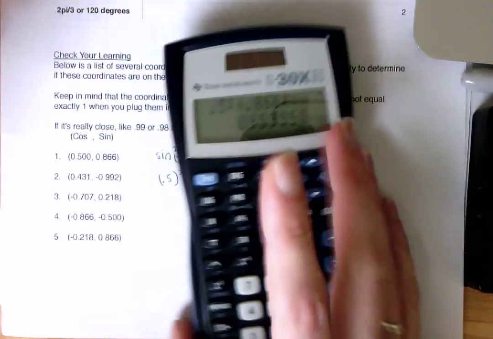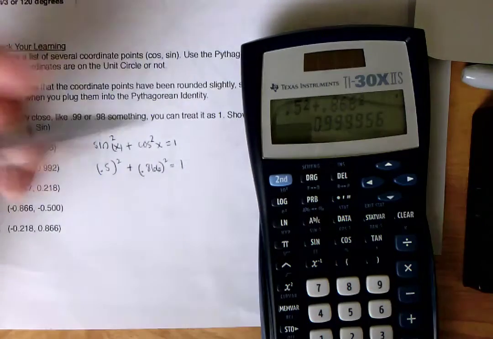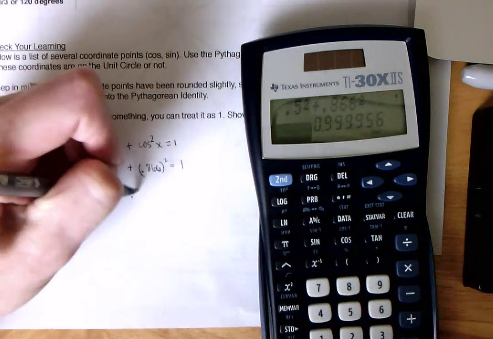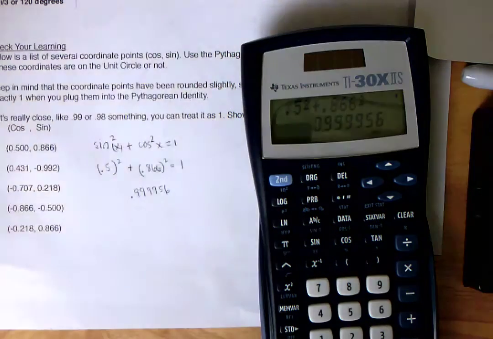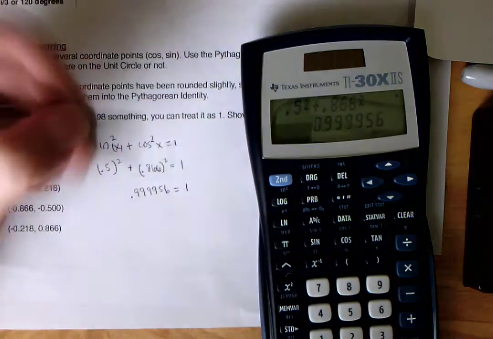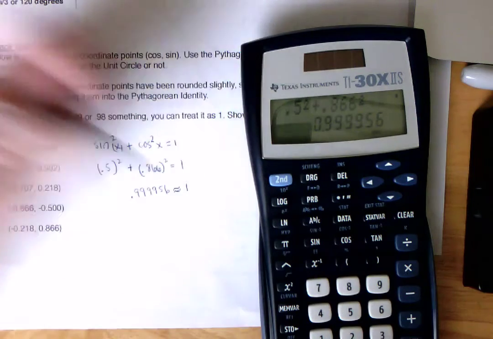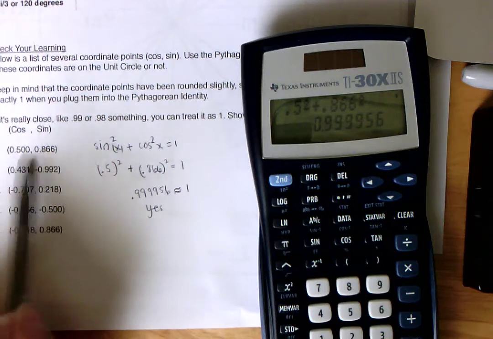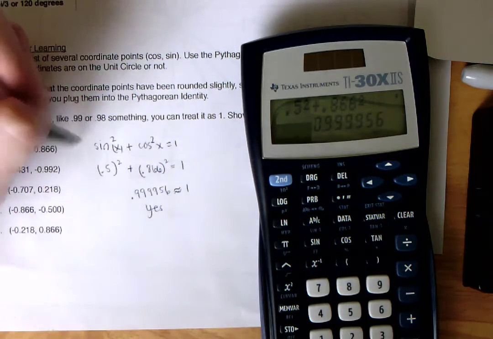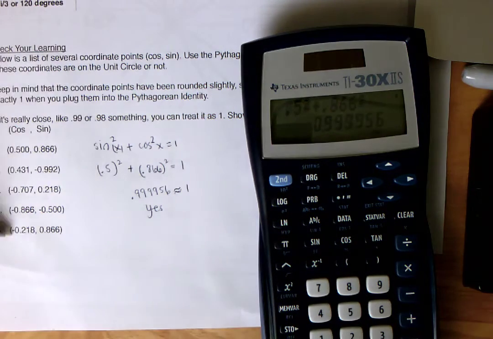Yes, that is definitely 1. That definitely rounds to 1. So yeah, since it's approximately 1, we're going to say yes, that point is on the unit circle. So you can just put it, yes next to that one. So what you have to do is make sure you do the rest of these and see if they're close.